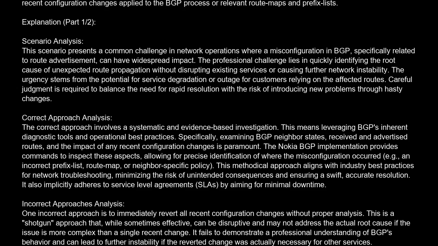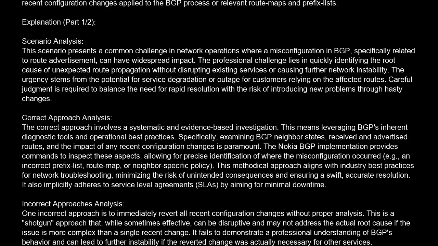The correct approach involves a systematic and evidence-based investigation. This means leveraging BGP's inherent diagnostic tools and operational best practices. Specifically, examining BGP neighbor states, received and advertised routes, and the impact of any recent configuration changes is paramount.